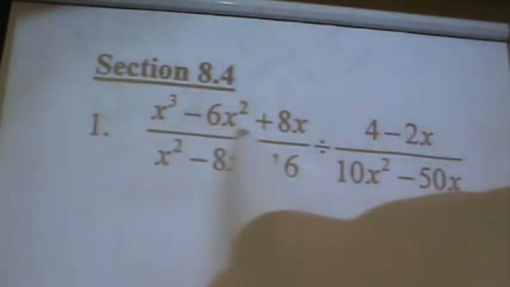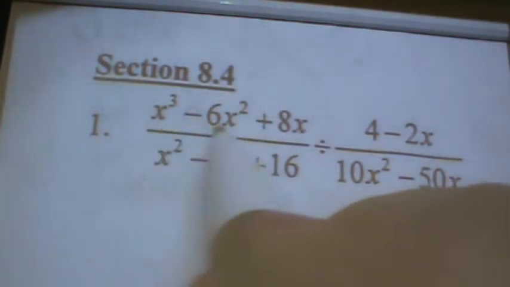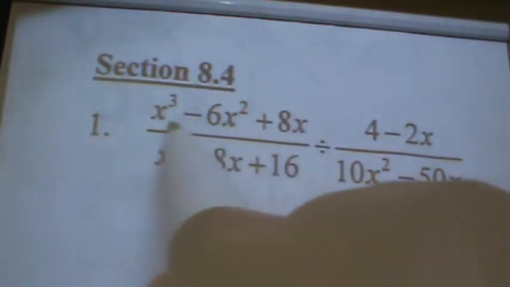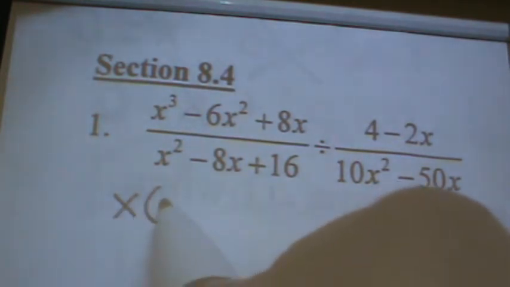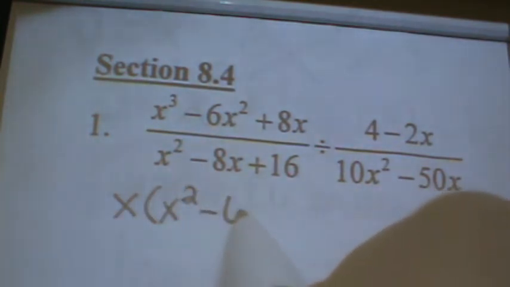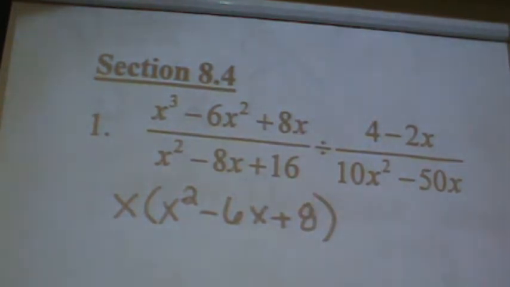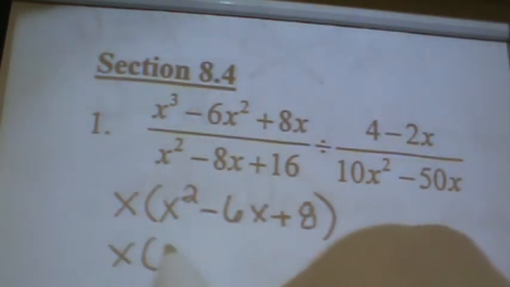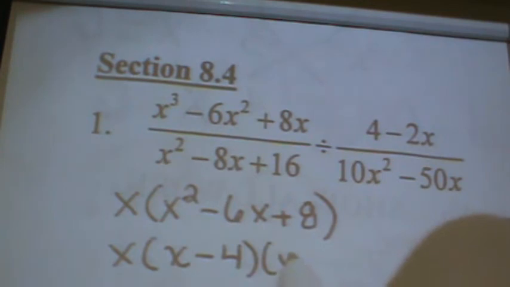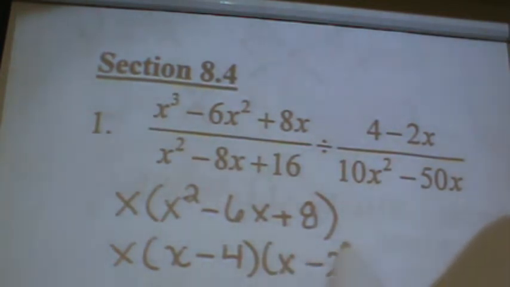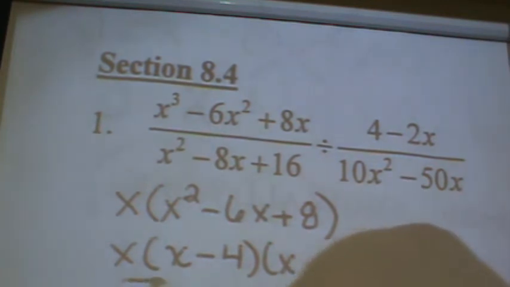So, how do you factor this numerator right here? What comes out of here? An x. Can you factor that some more? x minus 4 and x minus 2.